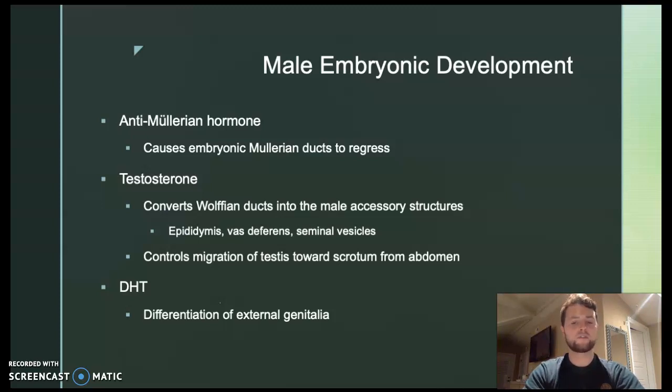Additionally, testosterone also signals for the testes to migrate from the abdomen to the scrotum later on during development. And then lastly, we have DHT, which will signal the development and differentiation of the external genitalia into male genitalia.